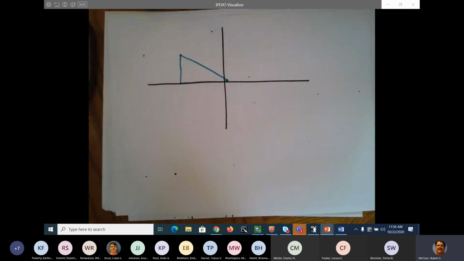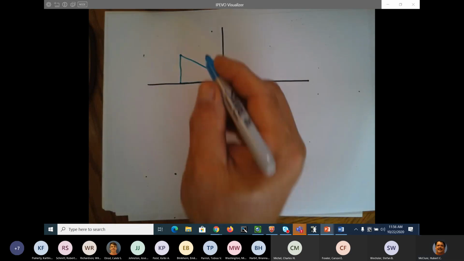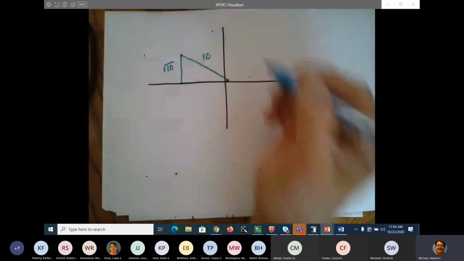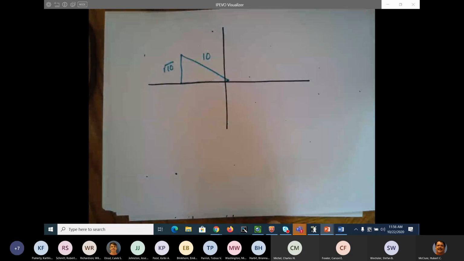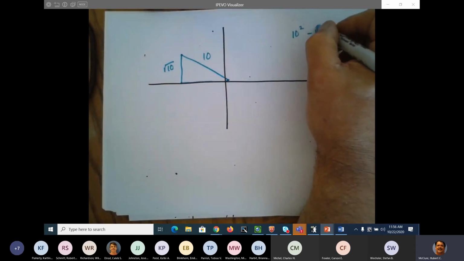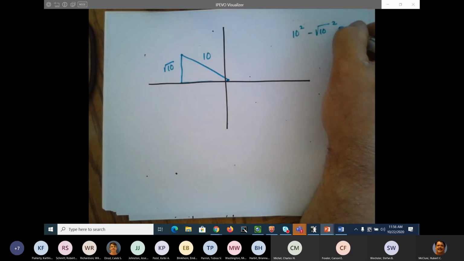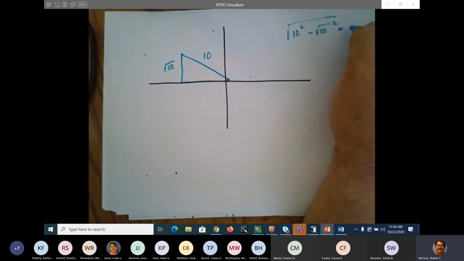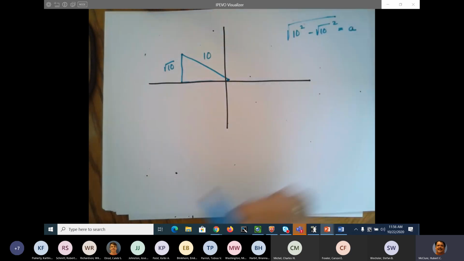Oscar had. Then we know that Oscar is square root of 10, and 10 is right there. And I'm going to use my Pythagorean theorem. That's going to be 10 squared minus square root of 10 squared, and take the square root of that. And that's going to equal, we call it A for adjacent.